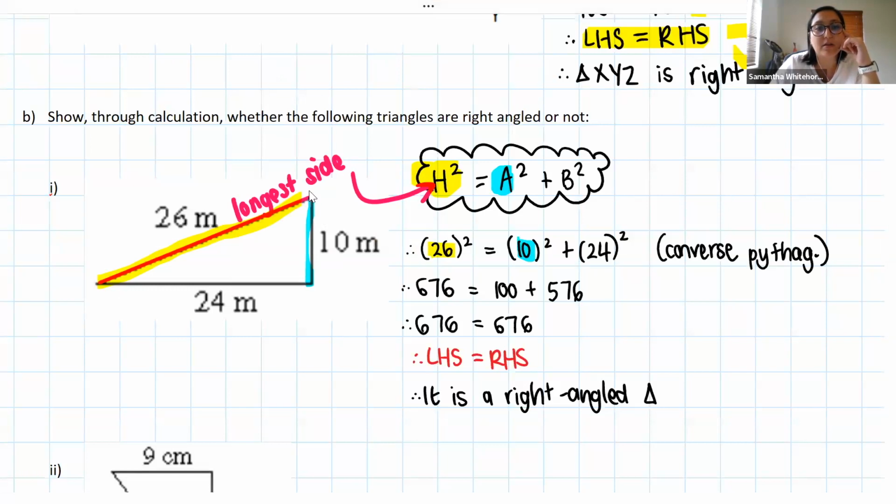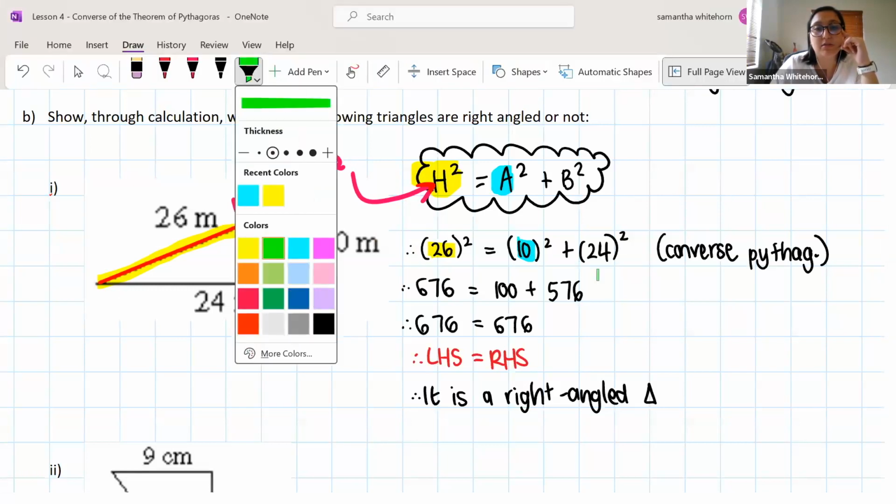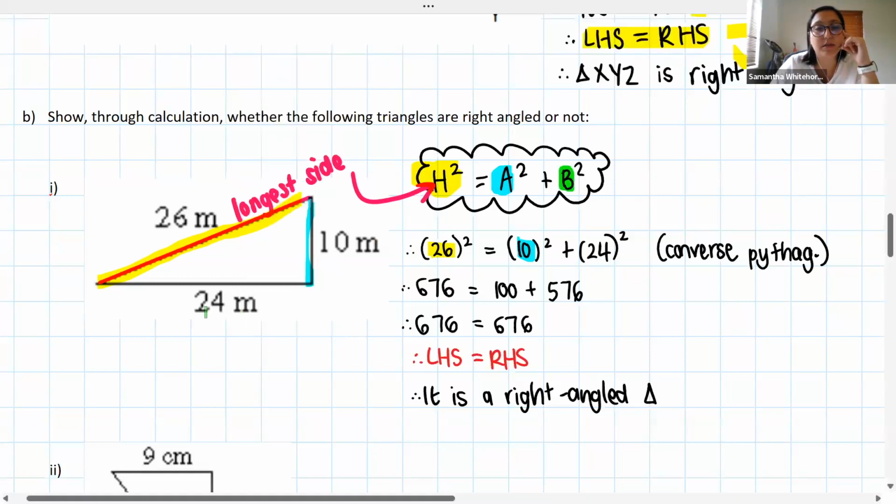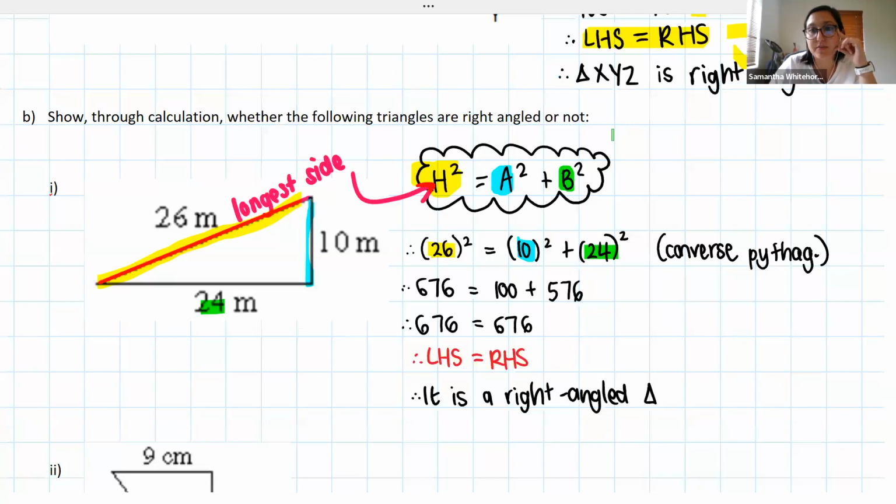And then if we consider B to be side 24, we substitute it in. And then we can go and work from there. So all I was trying to say is that for the h squared substitution, you have to substitute in the longer side. The other two, it doesn't matter.